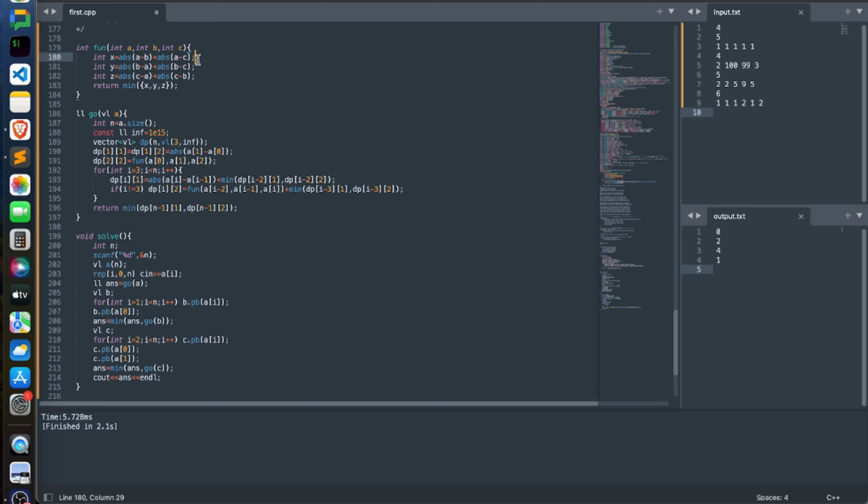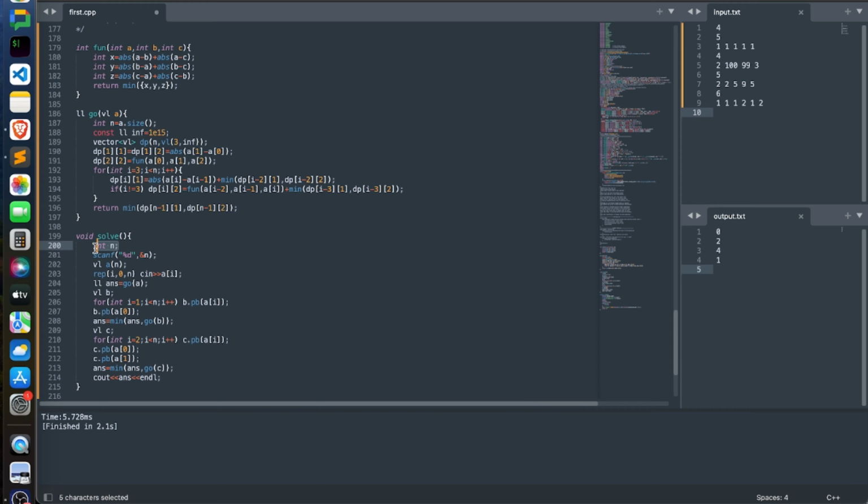In that situation your number of operations is going to be the absolute value of a minus b plus the absolute value of a minus c. Let's say you want all three numbers to be the same as b, so y is going to be the absolute value of b minus a plus b minus c, and similarly for c, and just return the minimum of x, y and z, right?